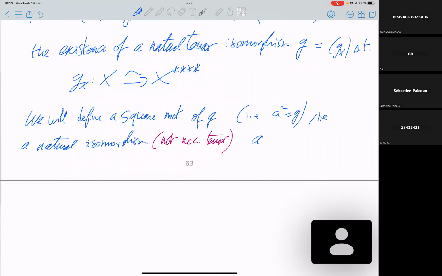So A equals A_X, with A_X a collection of isomorphisms between the identity and the double dual functor.